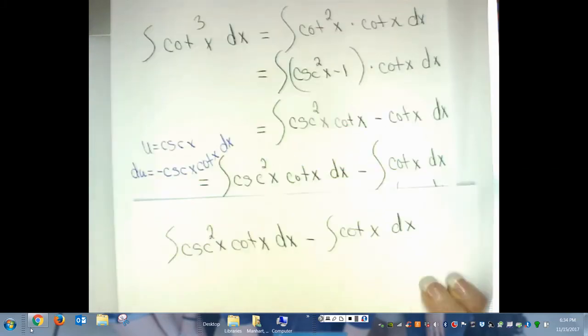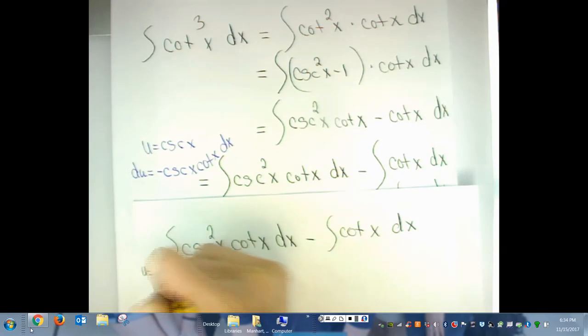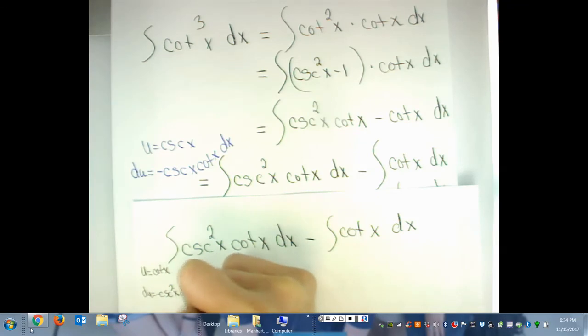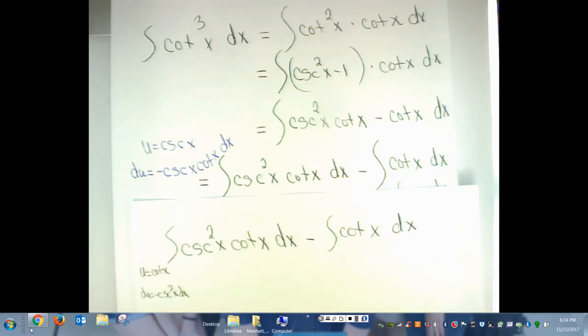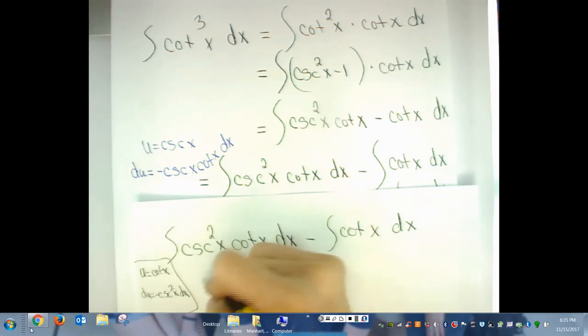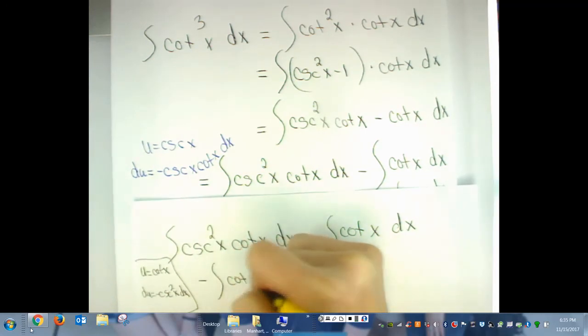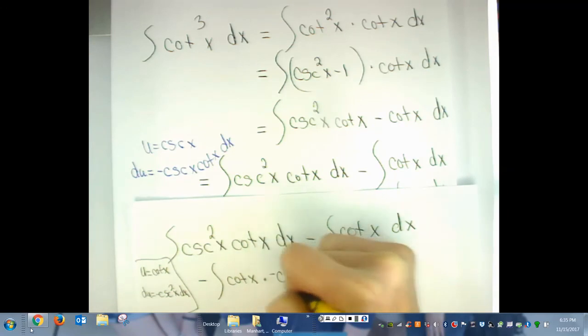Okay, so u is equal to cotangent x, and its derivative is a negative cosecant squared x, and then you have the dx. I'm going to put a negative on the outside and the inside with a little bit of rearranging.